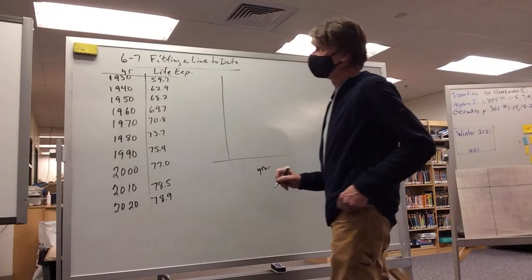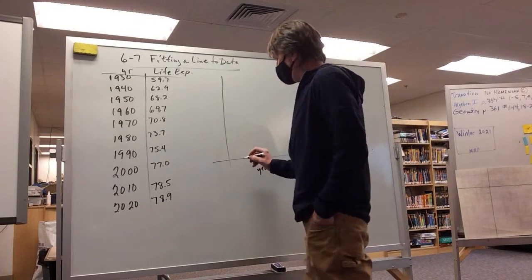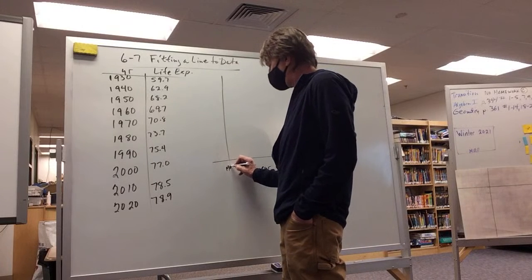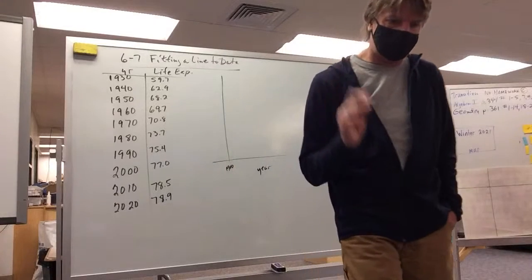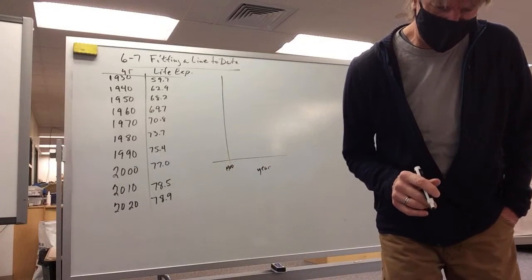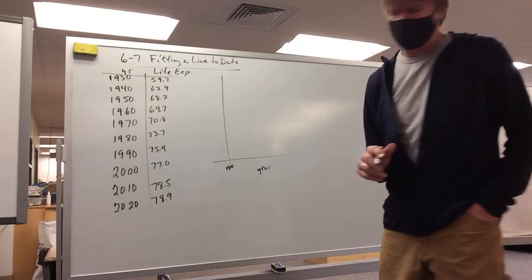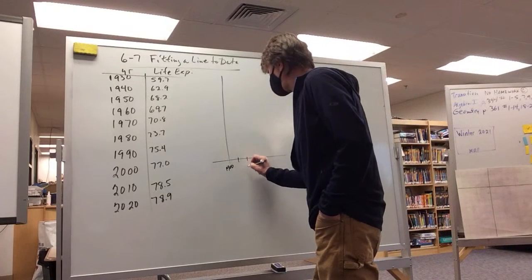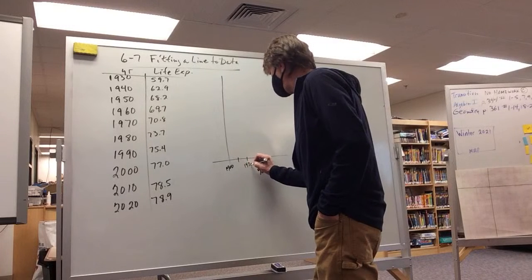So here's what we're going to do. I would like you to think of the axis as 1900, and then every mark is gonna be 10 years.